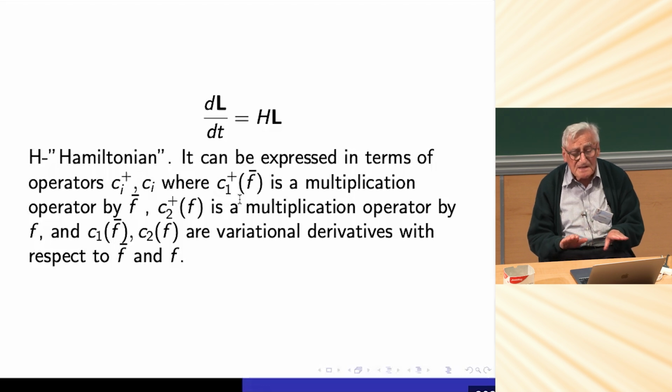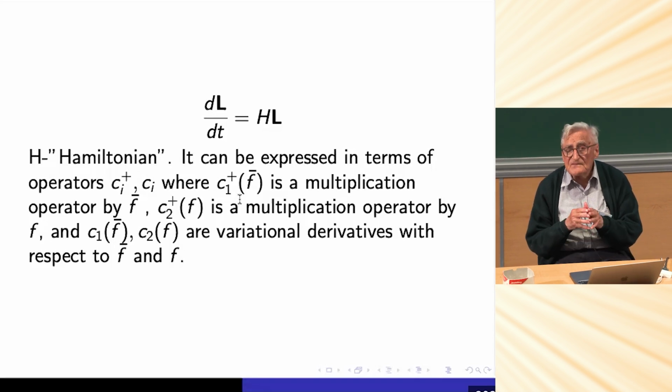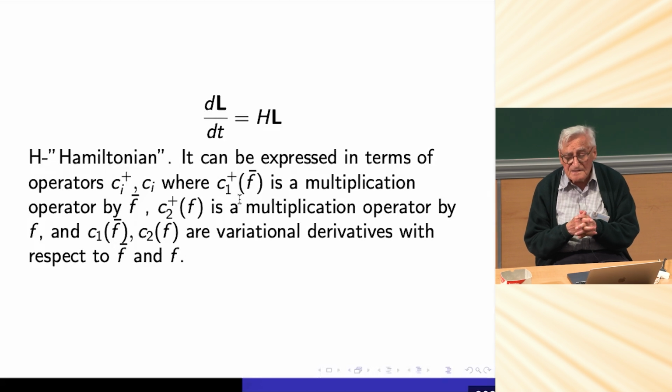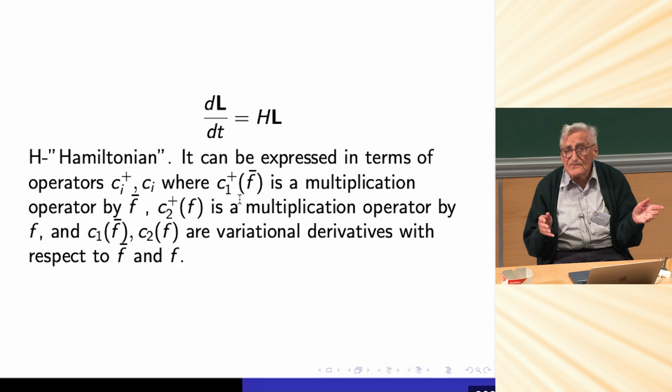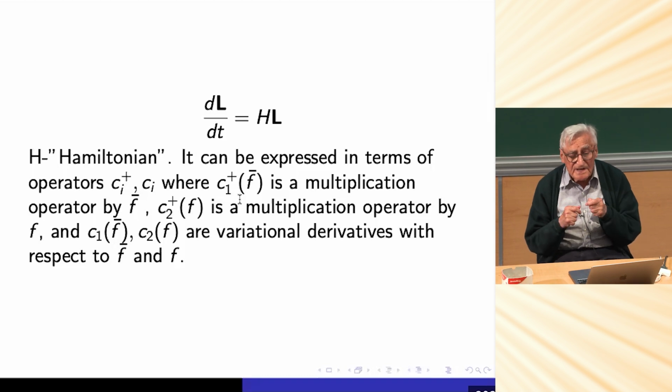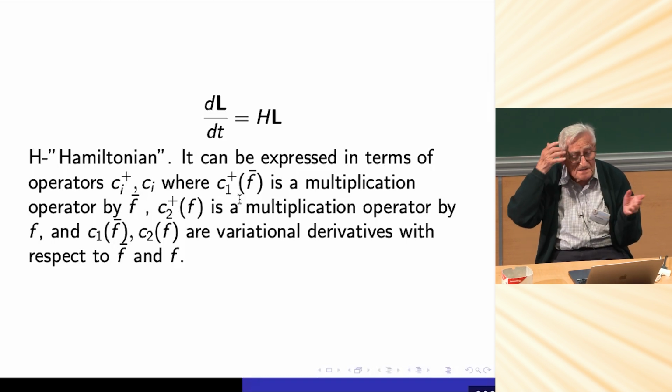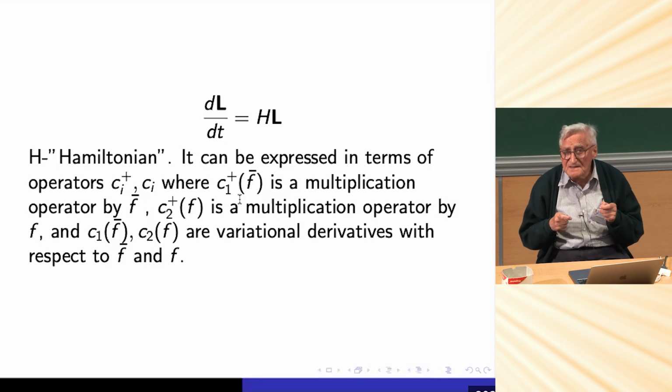In particular, if you have a translation invariant theory, where your ground state doesn't coincide with Fock vacuum, then this Hamiltonian is never defined, and this Hamiltonian in quotation marks is well defined, at least in the framework of perturbation theory.